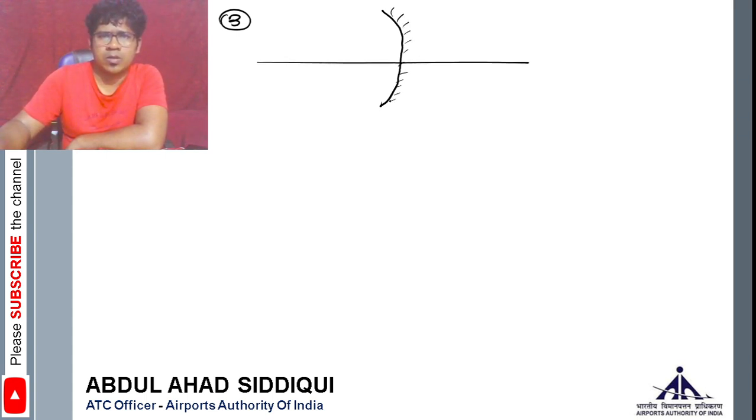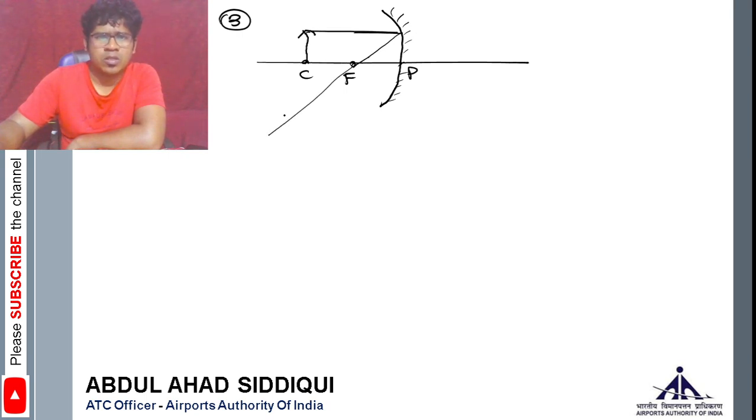This is your mirror, this is pole, this is center of curvature, this is your focus. Object is at C, so light will come here, it will pass through focus this way. And light coming from focus, after reflection, it will become parallel. So after reflection the image will be at the focus.